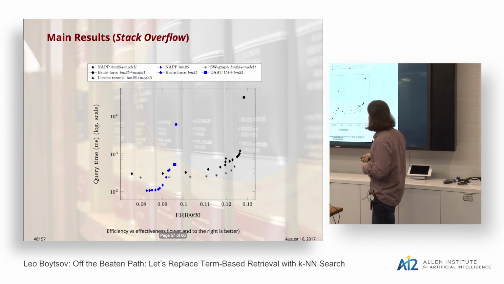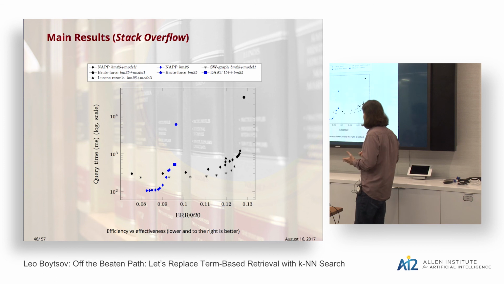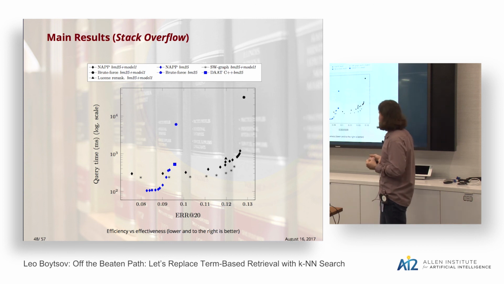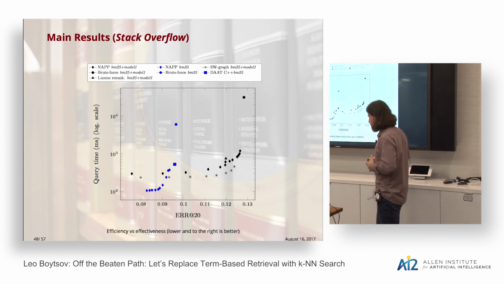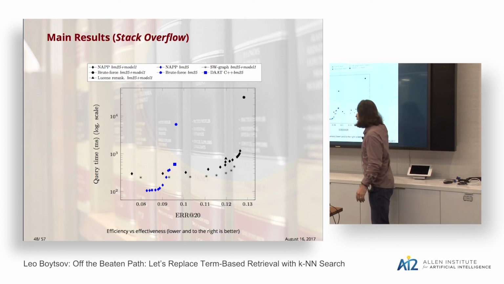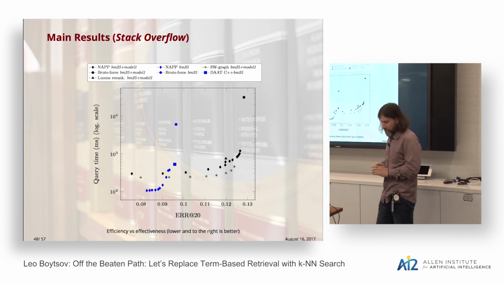So let's now look at the results for Stack Overflow, which are in general similar. We have the same setup, the same colors, the same shapes for the search methods, but I would ask you to look at these stars here, which are runs for the method SW graph.